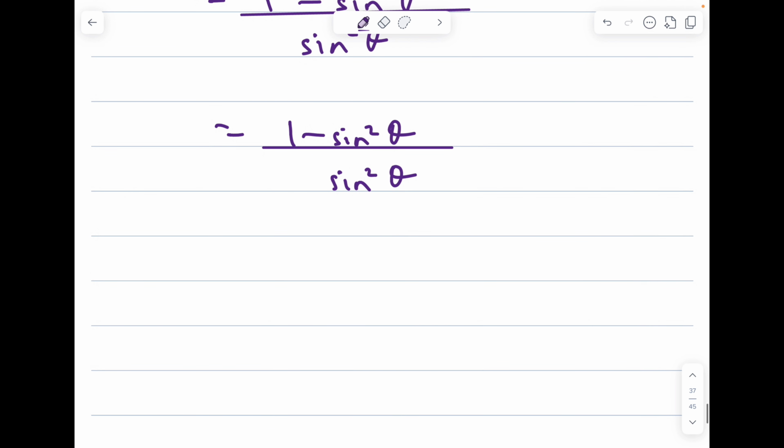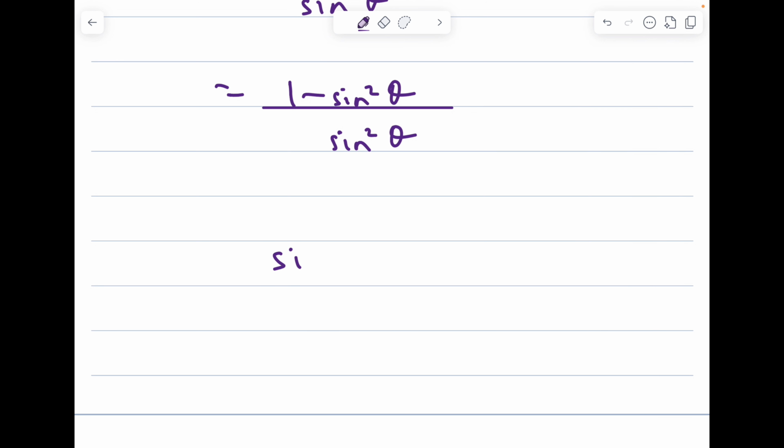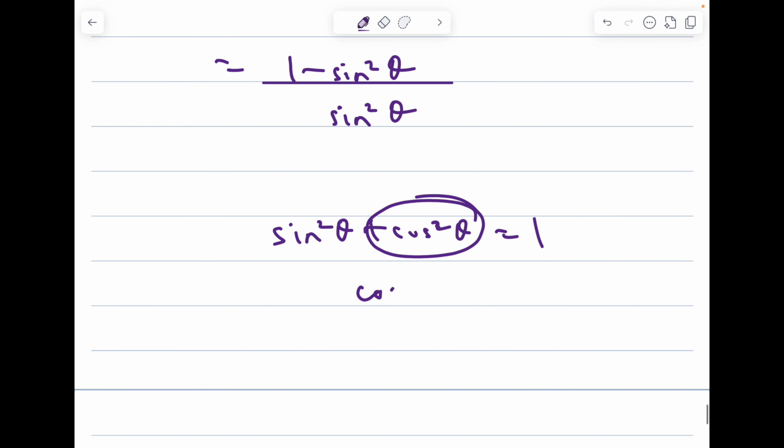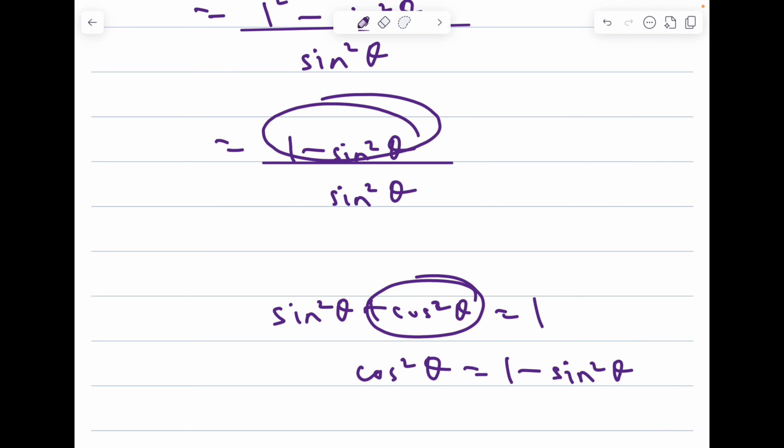And I know that 1 minus sine square theta is cos square theta. We can see that here: sine square theta plus cos square theta equals 1. That means if you make cos square theta the subject, cos square theta will be equal to 1 minus sine square theta. So instead of writing 1 minus sine square theta here, I'll write cos square theta.